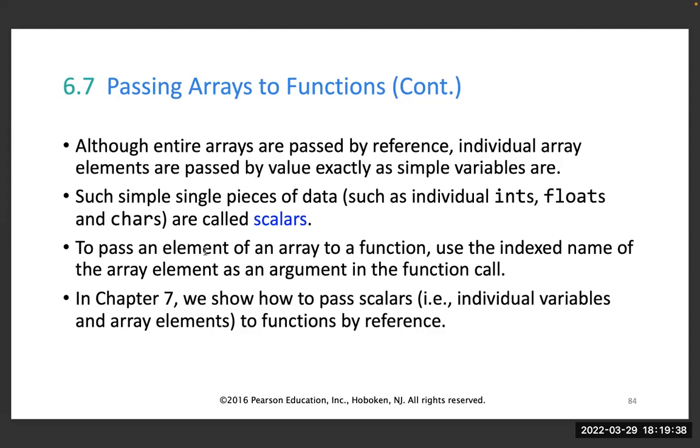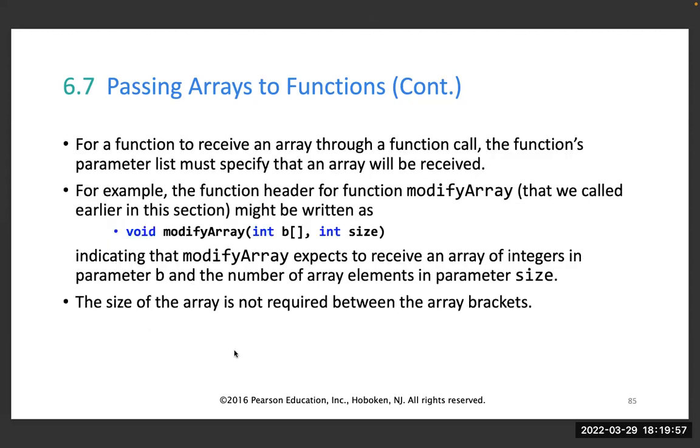To pass an element of an array to a function, use the indexed name of the array element as an argument in the function call. This one is used like a normal variable. For a function to receive an array through a function call, the function's parameter list must specify that an array will be received.